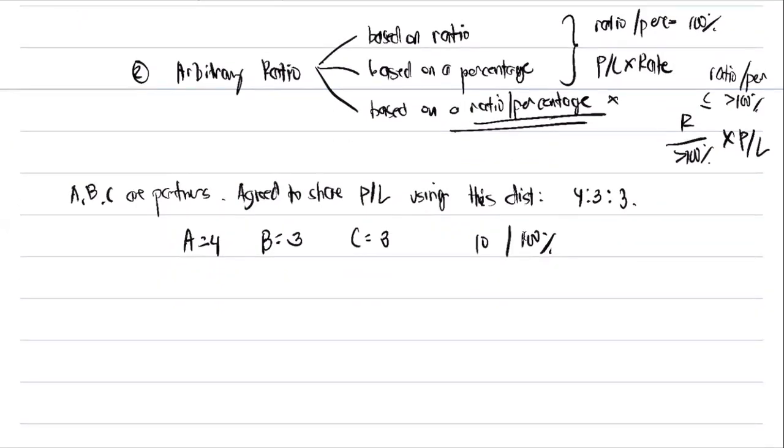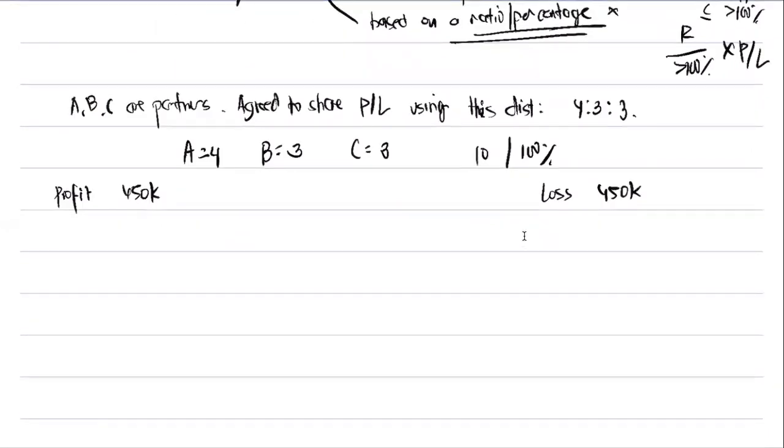So, ang gagawin natin, if there is a profit of 450,000, if there is a loss of 450,000, how do we share it? So, for your profit, ang gagawin natin, A, B, and C. So, 450, 450, 450, and then we just multiply it to your arbitrary ratio.